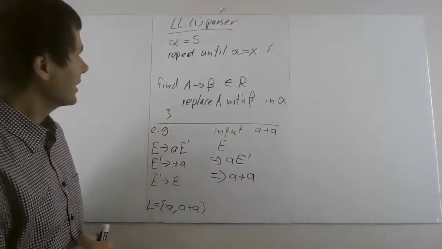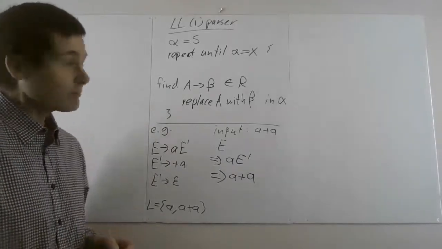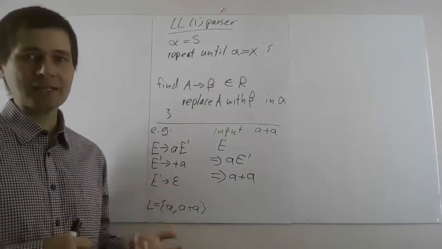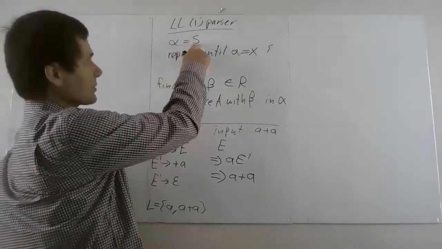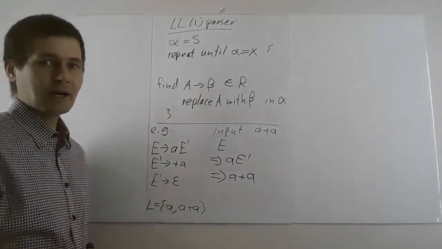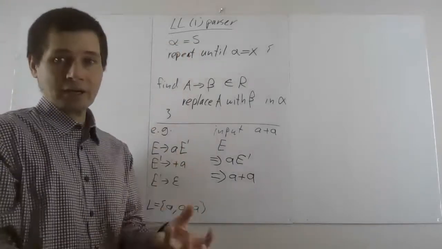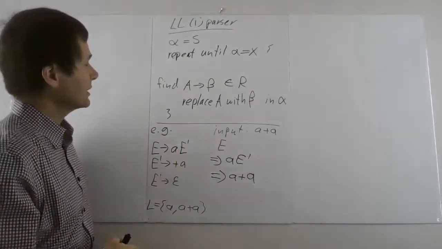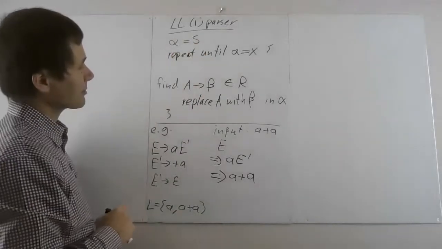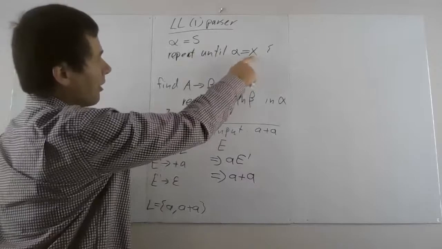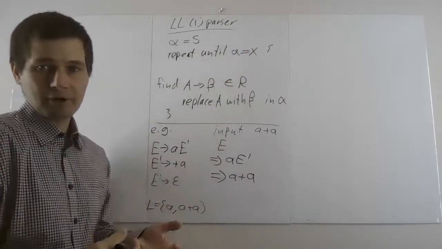So this is what I had on the whiteboard last time. As a recap, the idea of top-down parsing is that we start with the start symbol of the grammar, and I'm using alpha as the current step in the derivation. We're trying to build this derivation going from the start symbol S all the way to X, which is the input string that we're parsing.